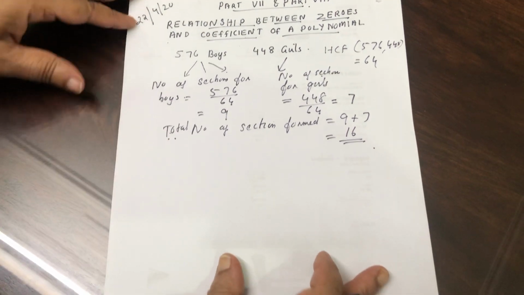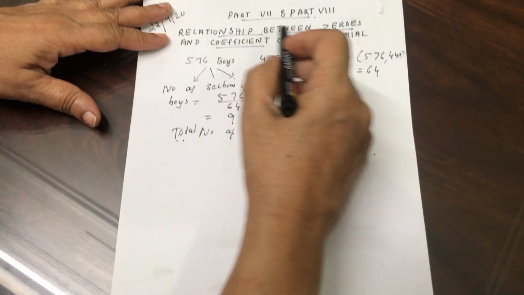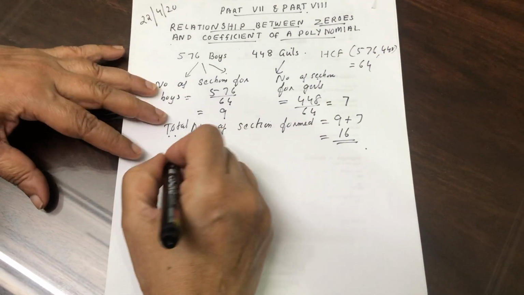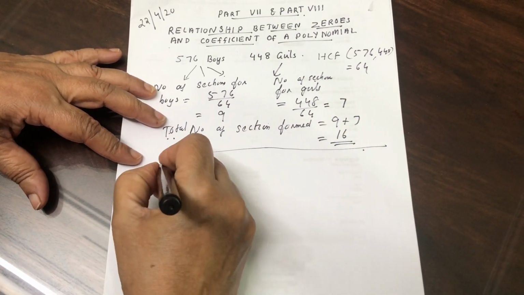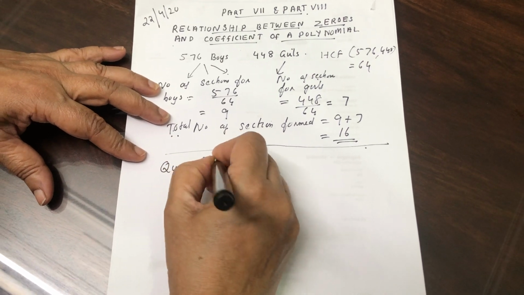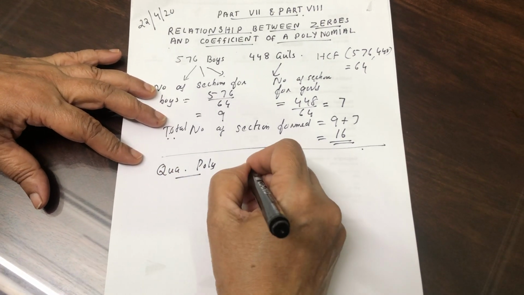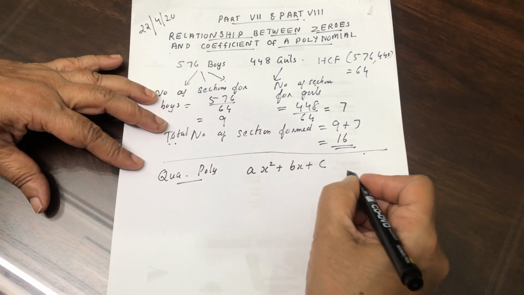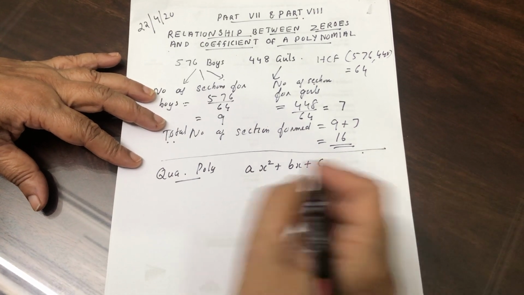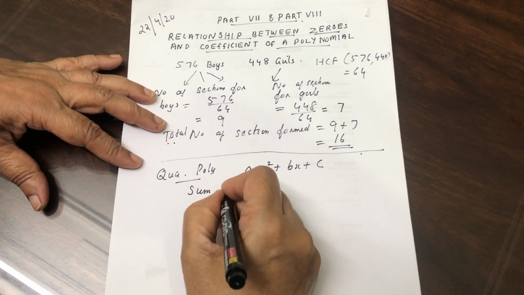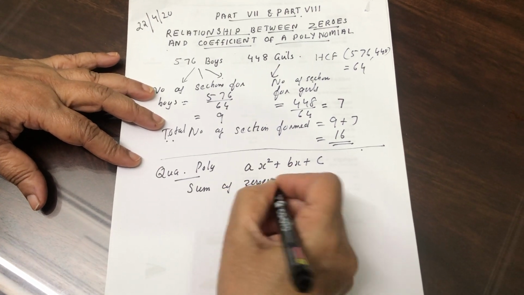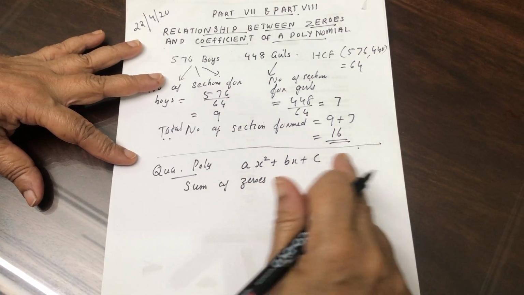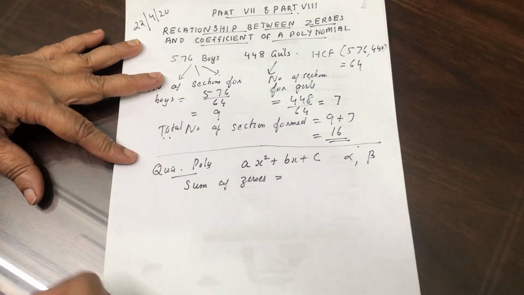Now let us go back to our relationship between zeros and coefficients of a polynomial. You know the quadratic polynomial. What is the general form? ax squared plus bx plus c, where a, b, c are real numbers and a is not equal to 0. Yesterday in the last class I explained the sum of zeros: alpha and beta are the two zeros of this polynomial.